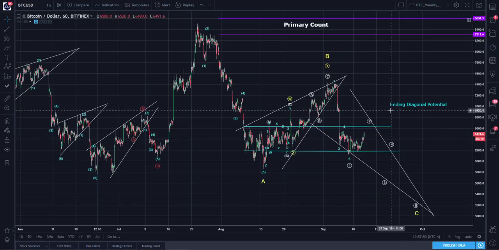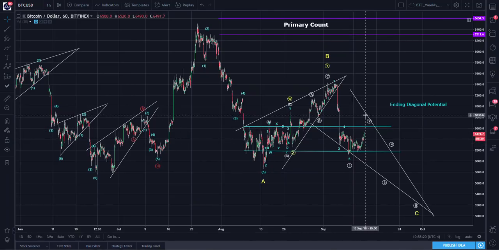And I think if primary wise, my conjecture is that the ending diagonal would mean that we have a wave 2 coming, and it'll probably end in this line of the resistance. This correction will probably be contained in this line of the resistance. And voila, look, this line of the resistance sits at around 6672 or 6700 rounded off. And that was the minimum of this head and shoulders.